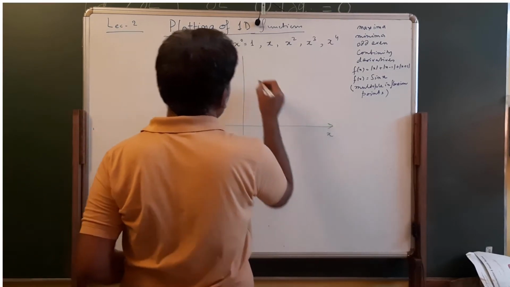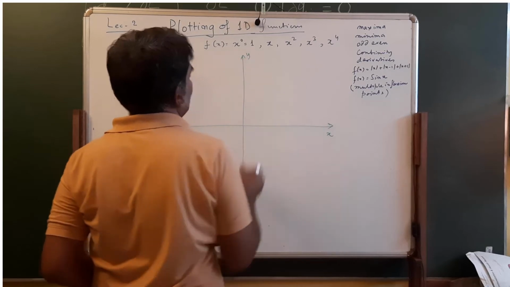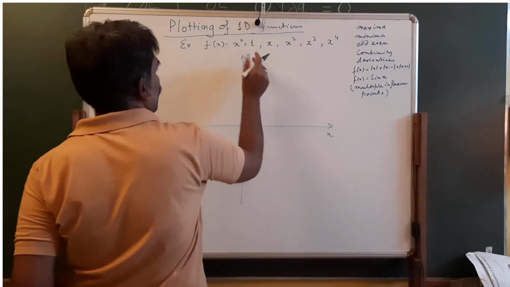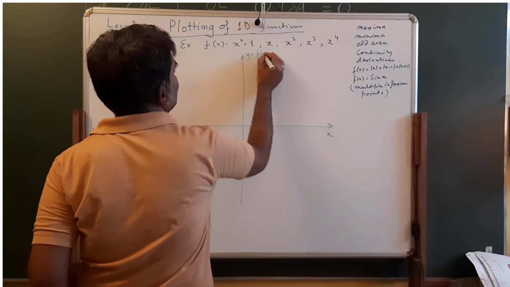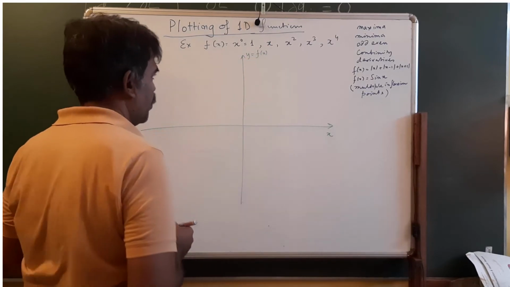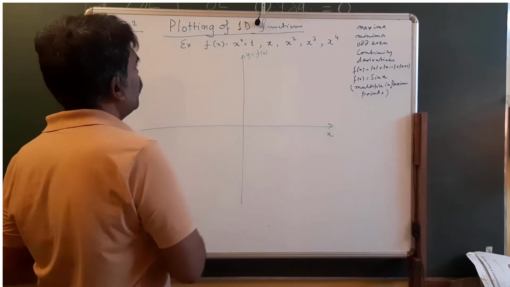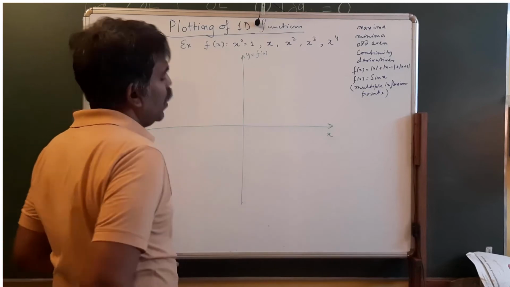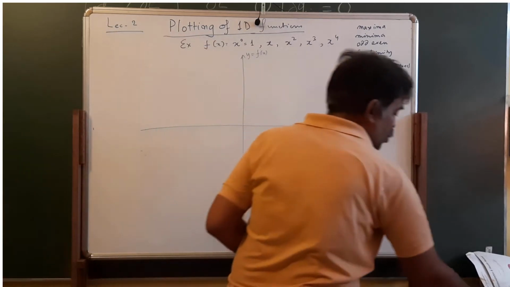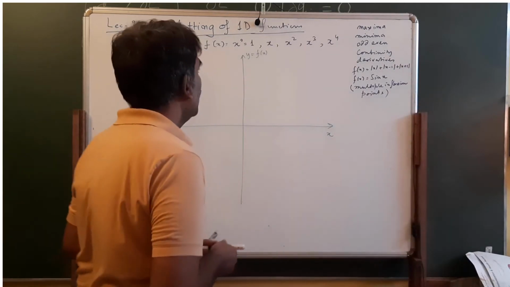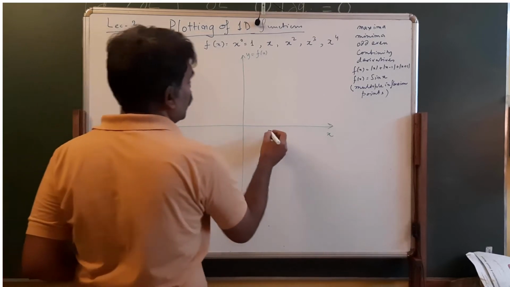Suppose this is the x-axis and this is the y-axis, where y is also a function of x. Now let's plot x to the power 0. Can you tell me what x to the power 0 is? x to the power 0 is 1. So let me coordinatize it first.